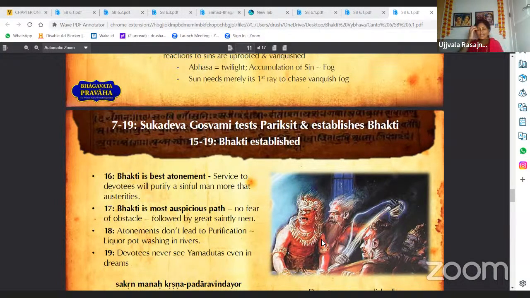Now he gave the answer of what can save a jiva from going to hell. If a jiva takes up the process of bhakti, then their sins are completely destroyed, and in that way the jiva is saved from going to hell.